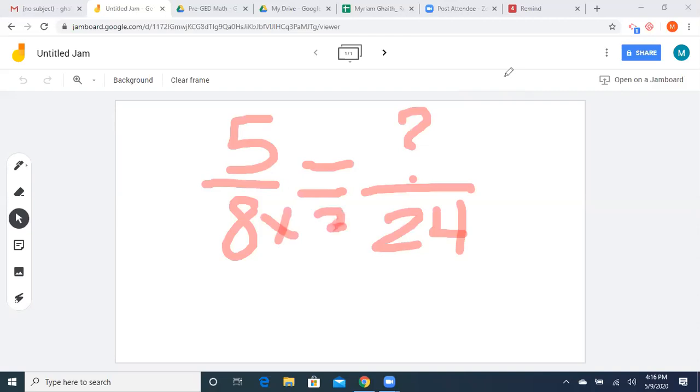Yeah. I know if I say 8 times 3, I get 24. So whatever I do to one, I have to do to the other one. So if I multiplied by 3 in the denominator, I must also multiply by 3 in the numerator. What's 5 times 3? 15. So I'm going to erase that question mark, and I'm going to put 15.